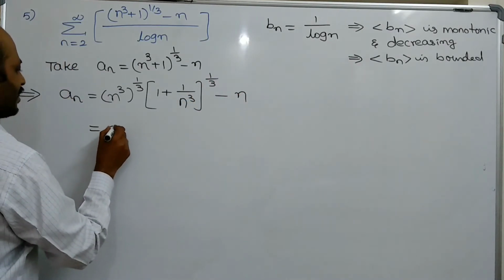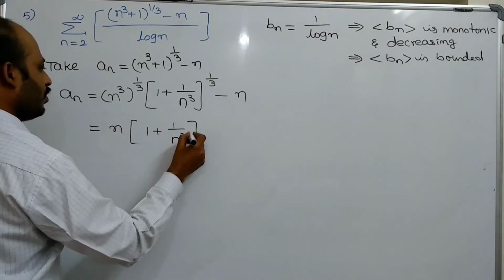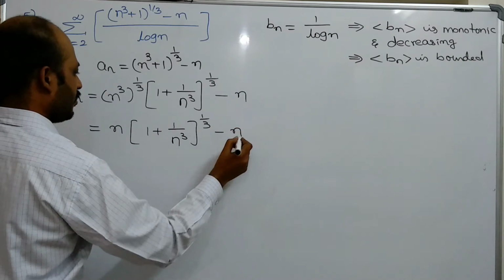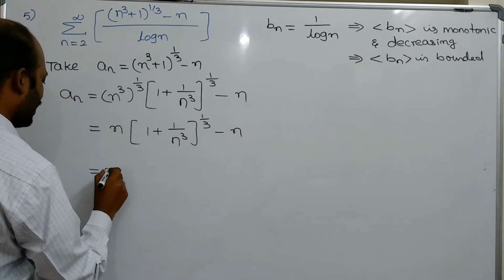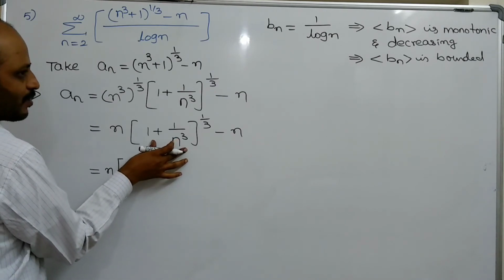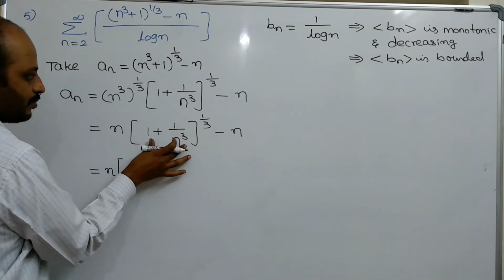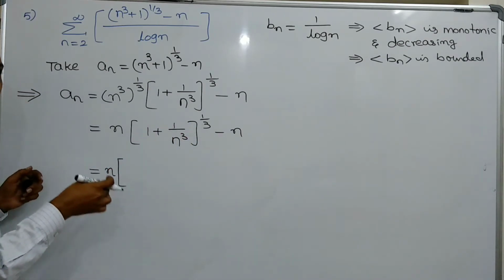So you get n into (1 plus 1 by n cube) whole power 1 by 3 minus n, by making n common and expanding this term by using binomial theorem for rational index.